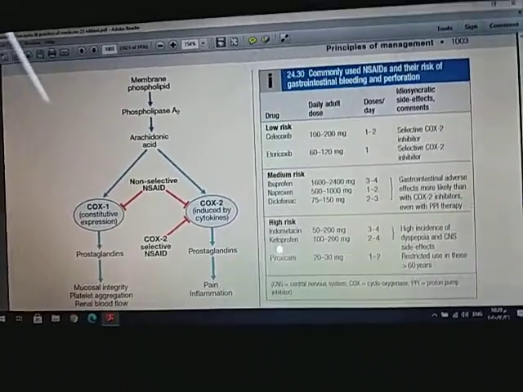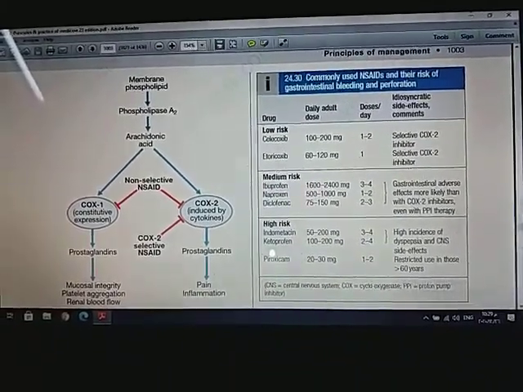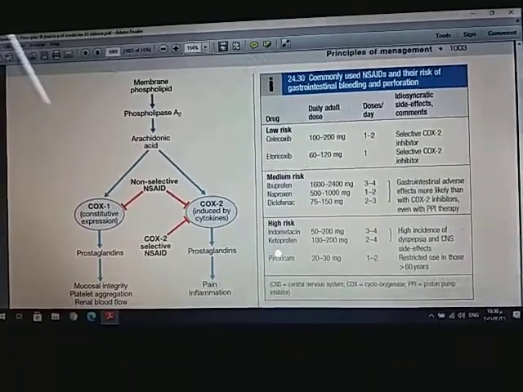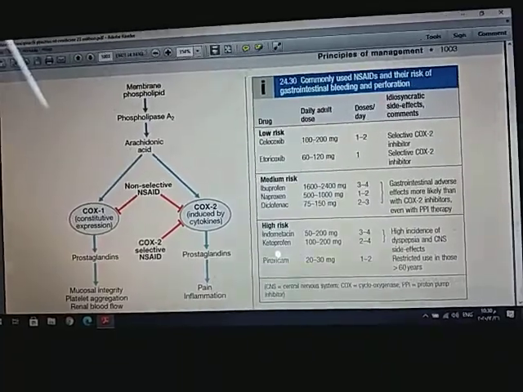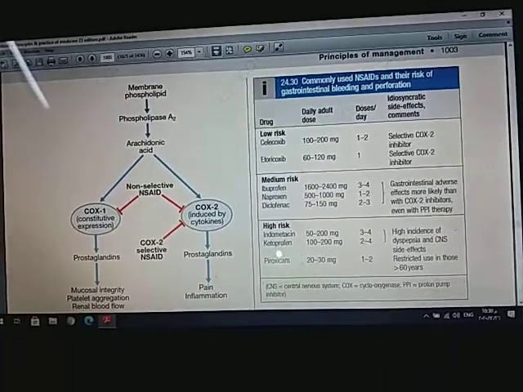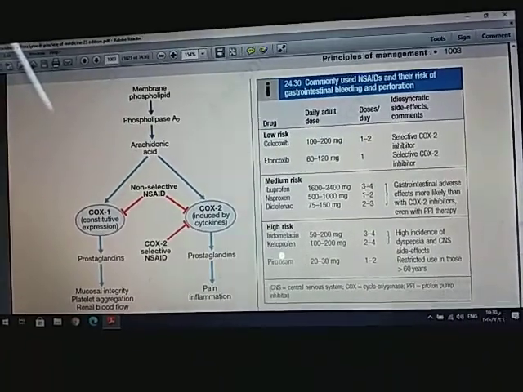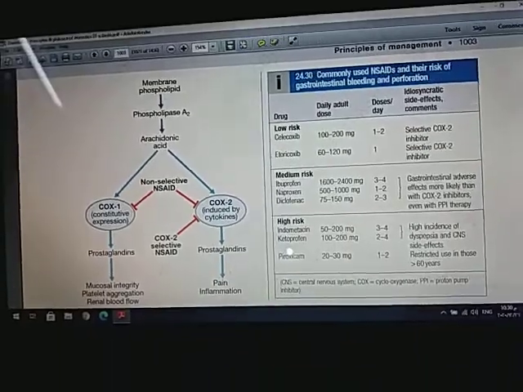Avoid use of non-steroidals in patients with vascular diseases. Non-steroidals potentiate the anticoagulant drugs and the oral hypoglycemic drugs.